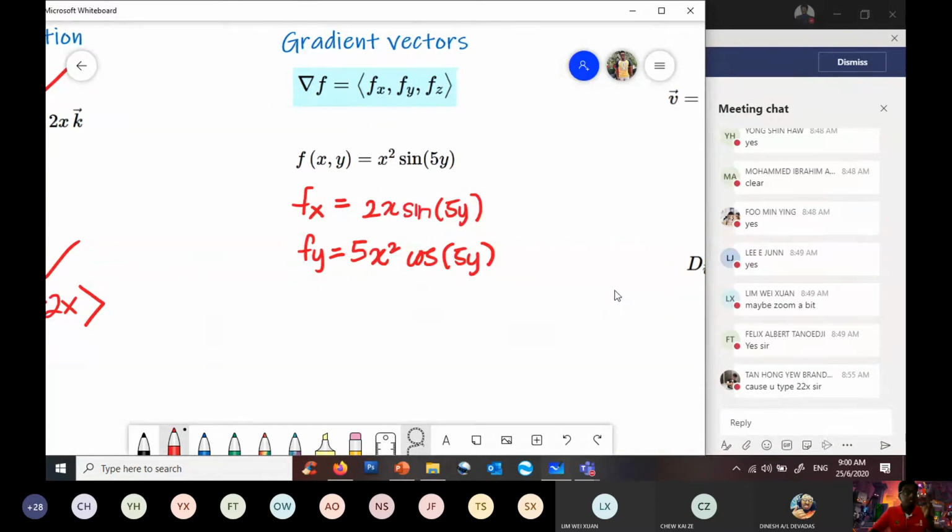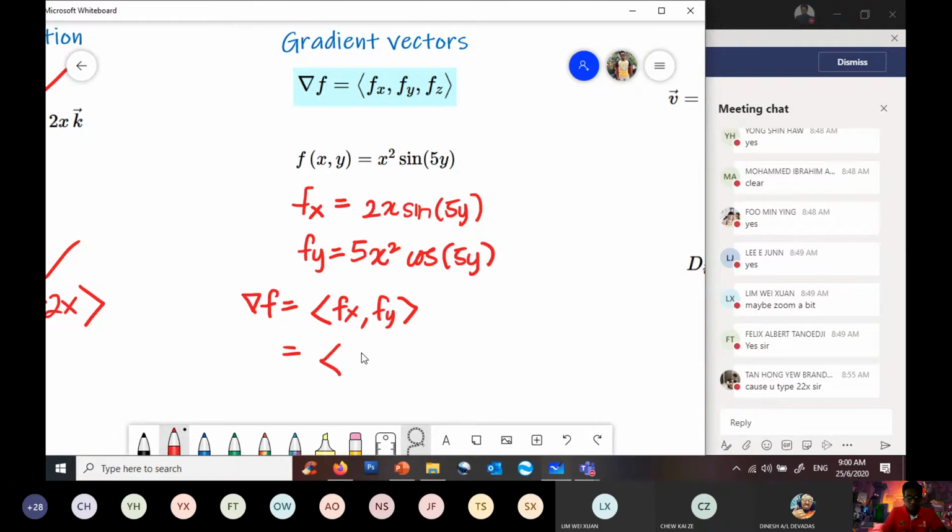The gradient vector, okay, now we come to the vector. The gradient vector of a function f is the vector containing fx and fy. Whenever I have a multi-variable function, I ask you what is the derivative. There are two types of derivative, right? So the collective information of these two is the gradient vector.